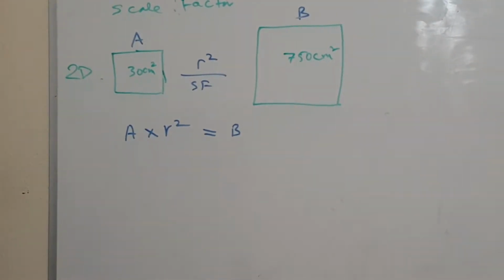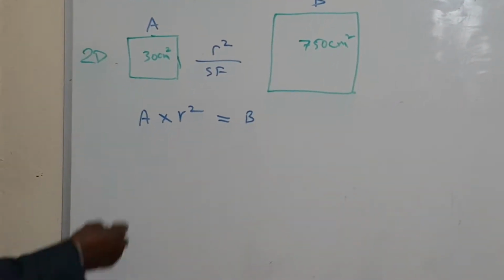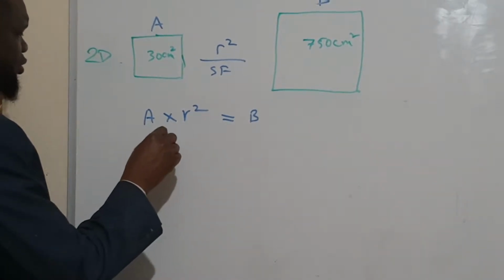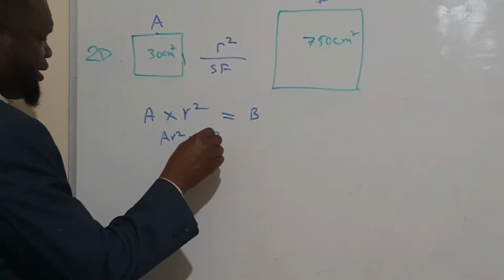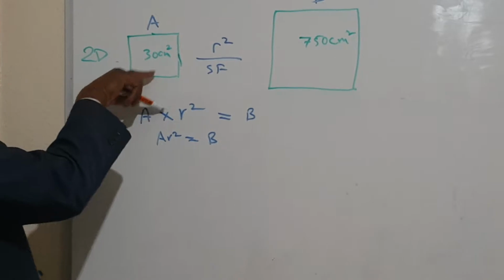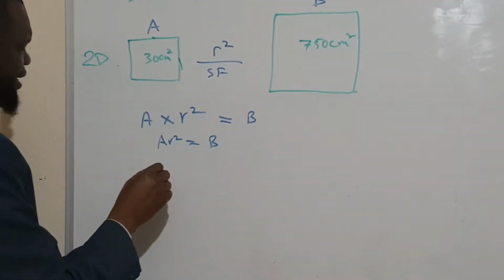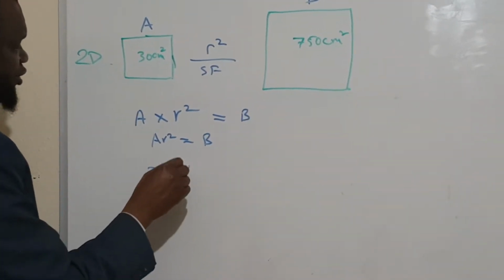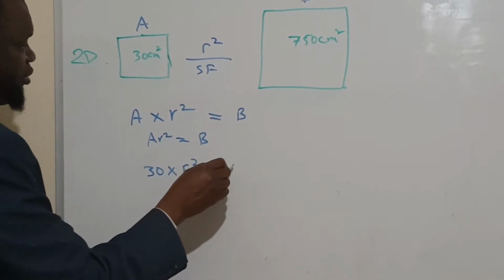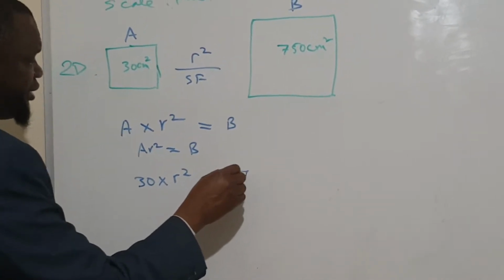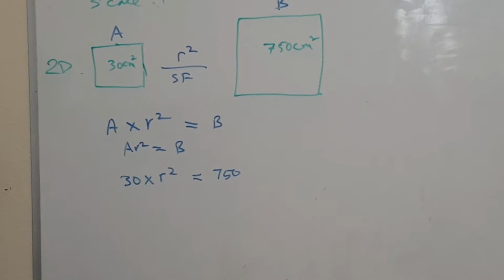So to find this, we say A r squared is equal to B. Now, if this is 30 and this is 750, we say 30 times r squared is equal to 750.